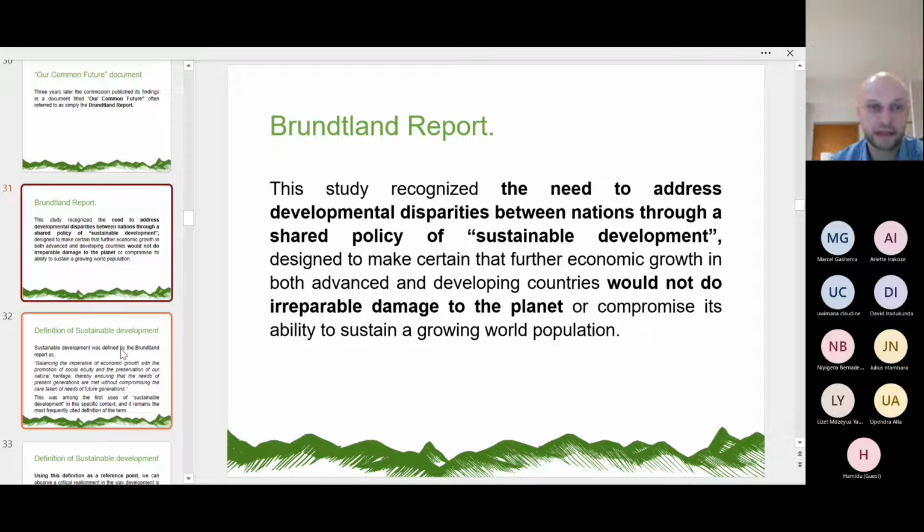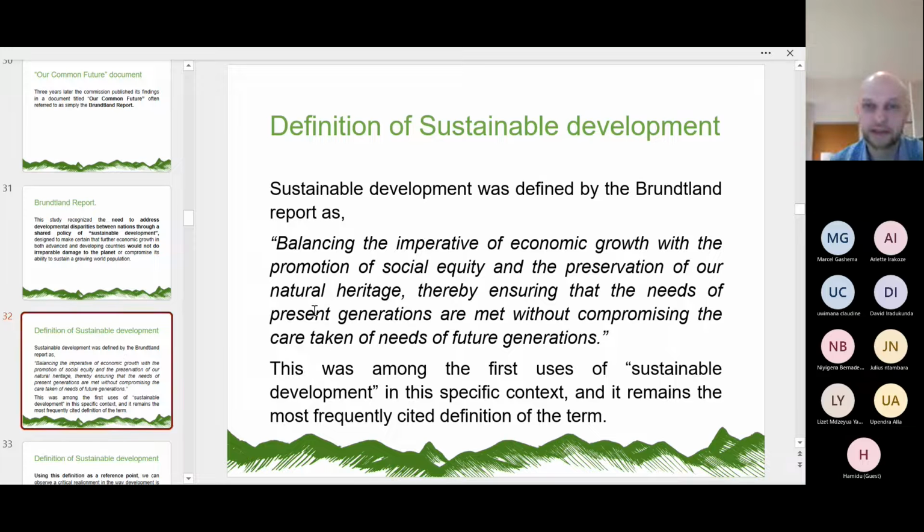So what is sustainable development from the perspective of the Brundtland Report? It is here. Sustainable development was defined by the Brundtland Report as balancing the imperative of economic growth with the promotion of social equity and the preservation of our natural heritage, thereby ensuring that the needs of present generations are met without compromising the care taken of needs of future generations.